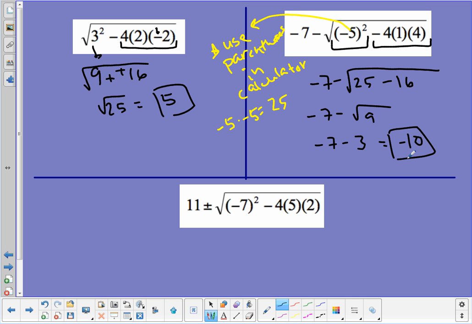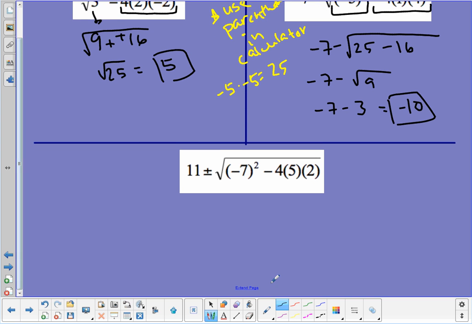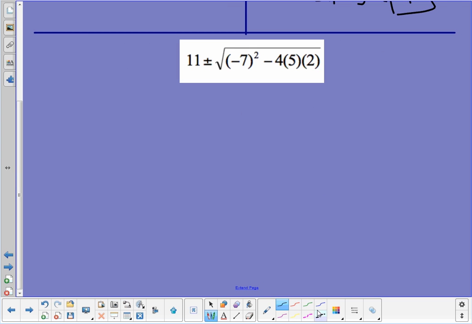When I take a look at the last one, 11 plus or minus the square root of negative 7 squared minus 4 times 5 times 2, this is again where we see that plus and minus symbol. That means we want the positive version and the negative version, or in other words, we want to add and subtract right there.